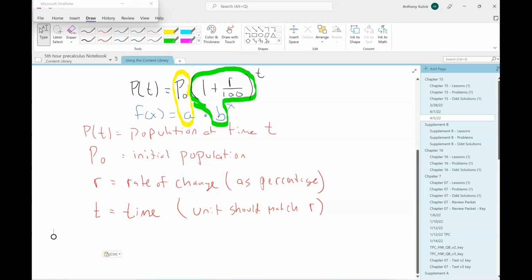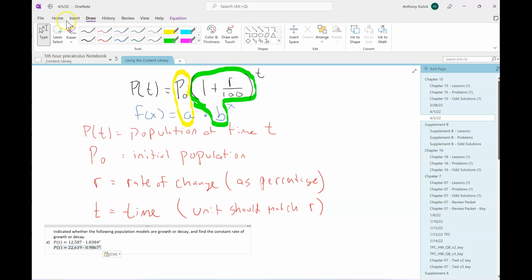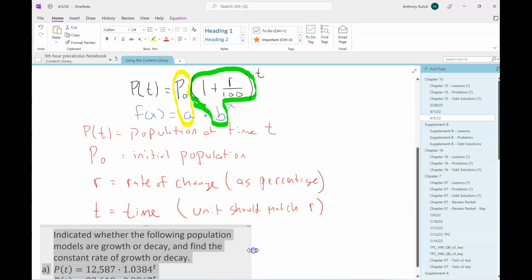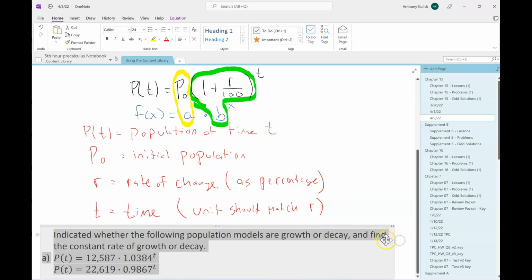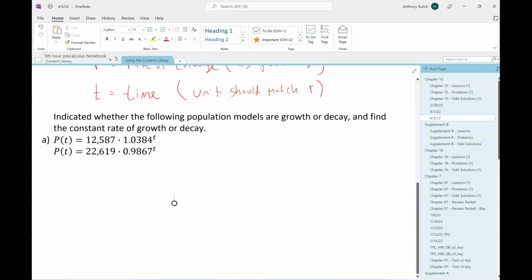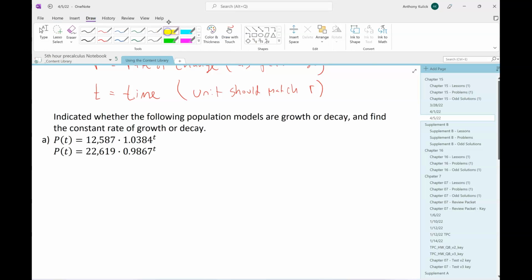So let's look at a specific example. I'm going to be mostly copying and pasting from the lessons because there's a lot of words in here and it's going to be easier for me. This question is going to ask us to do two things.